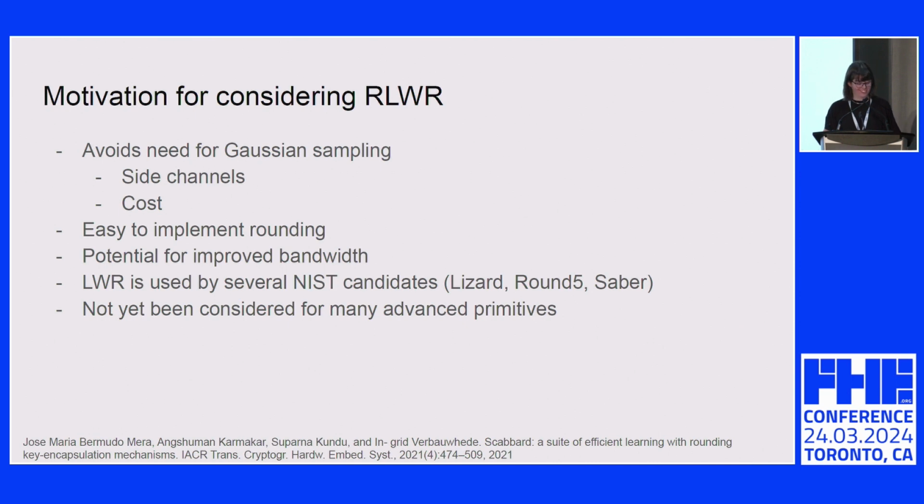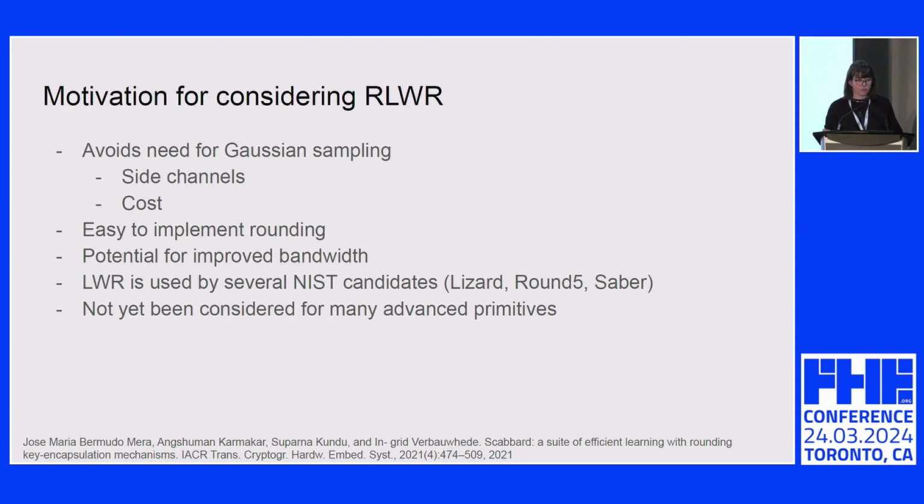Okay, cool. So next up, we're just going to motivate why we're considering learning with rounding. So to start with, Gaussian sampling will be required to sample the errors in learning with errors. This can be quite an expensive operation, and it can also be vulnerable to some side channel attacks. However, rounding, in contrast, is easier to implement. Like I said before, if everything is powers of 2, then rounding corresponds to dropping the least significant bits.